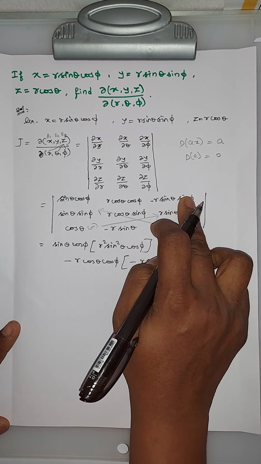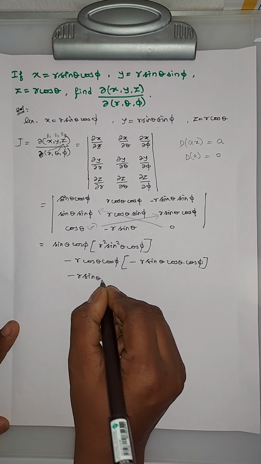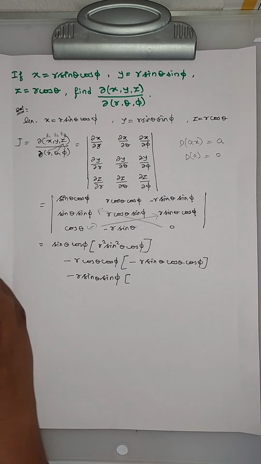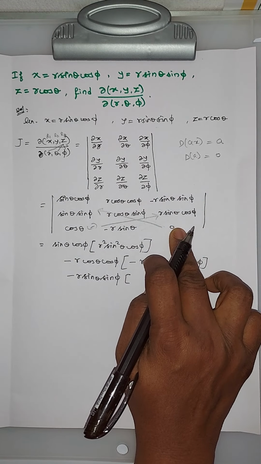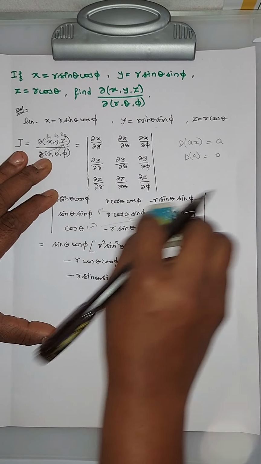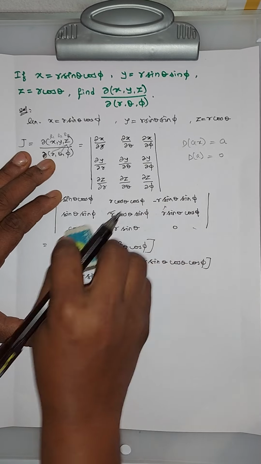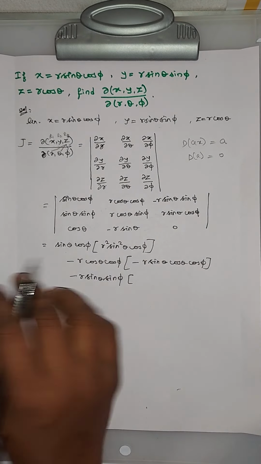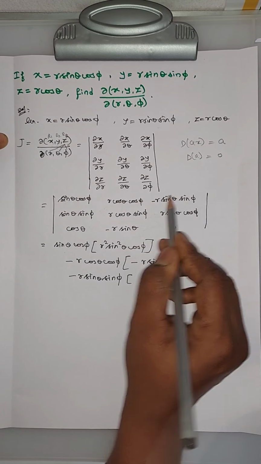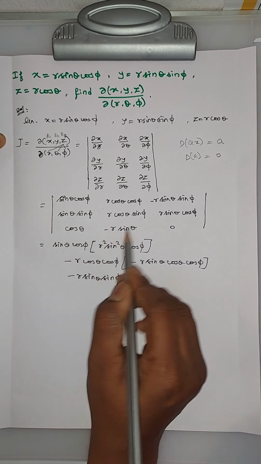Moving on to the third one. The third one is minus r sine theta sine phi inside, again omitting the respective row and respective column, determinant of the rest of the elements.